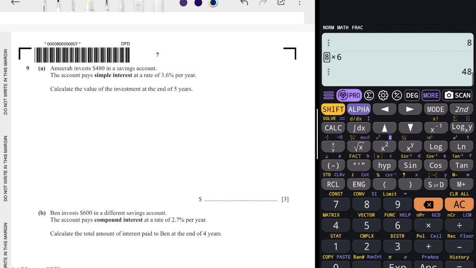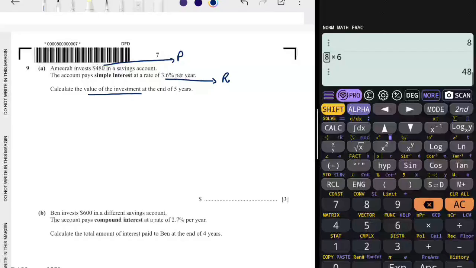Amira invests $480 in a savings account. So 480 is the principal amount, and the account pays simple interest at a rate of 3.6% per annum. Calculate the value of the investment.